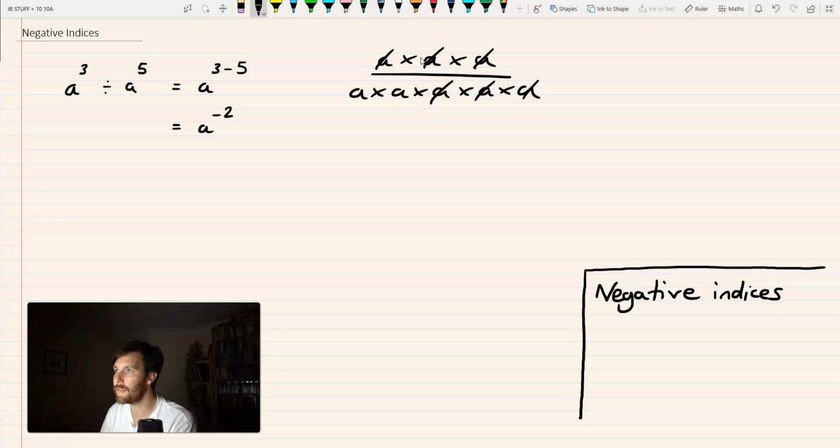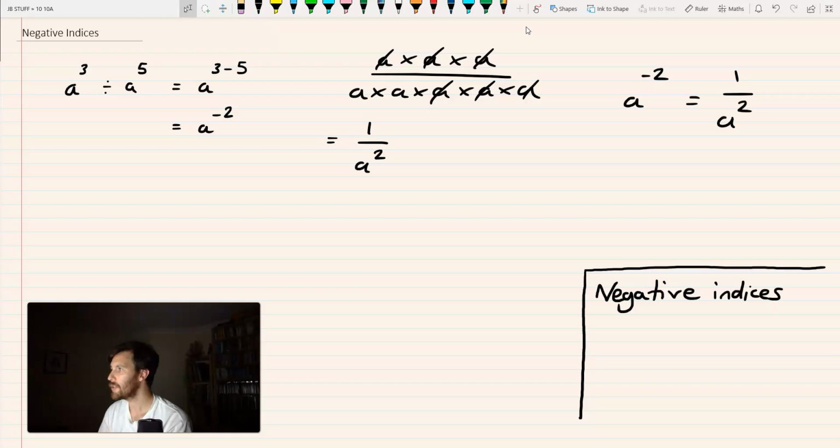So what we're left with there, after our cancel party, is 1 over A times A, or 1 over A to the power 2. So what we've shown there, with our little experiment, is if we've got an answer of A to the power negative 2, it's the same as saying 1 over A squared, which is kind of interesting.